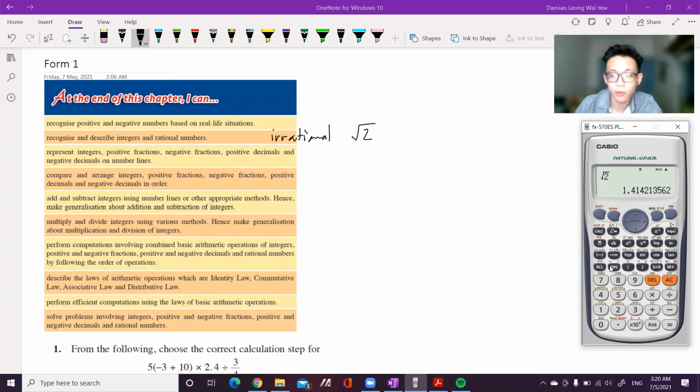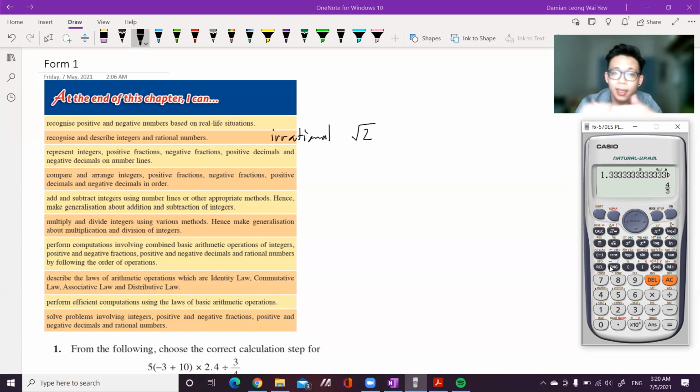For example, if I have repeating decimals, let's say 1.33333, going on and on, if I key it in the calculator, it will give me 4/3. It is a rational number. Repeating decimals are rational numbers as well.